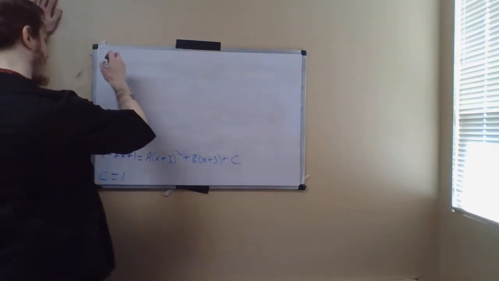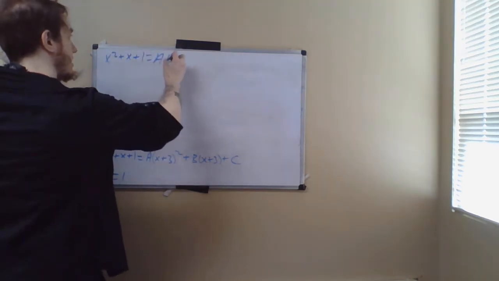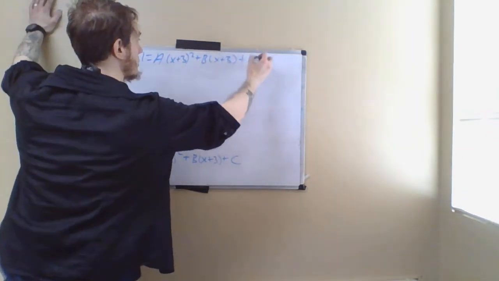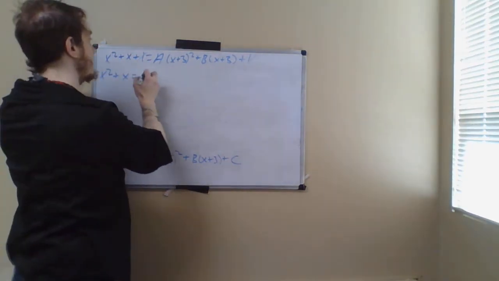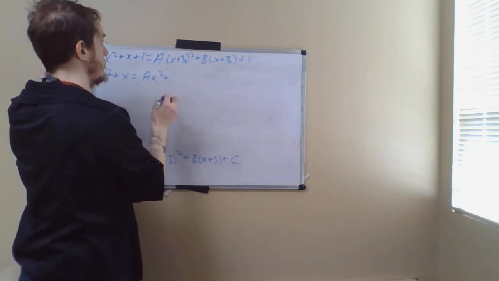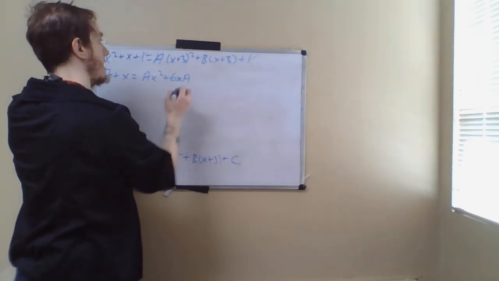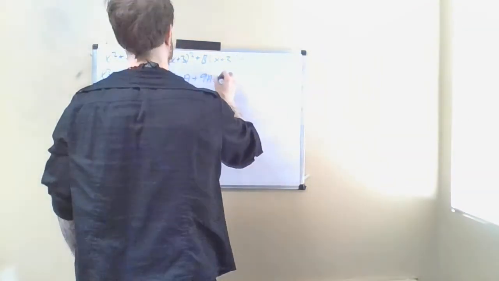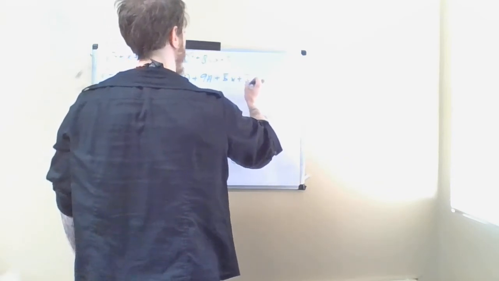We're going to have x squared plus x plus 1 is equal to A times x plus 3 squared plus B times x plus 3 plus 1. Now, my 1's cancel. This gives me x squared plus x is equal to Ax squared plus 6xA plus 9A, and then plus Bx plus 3B.